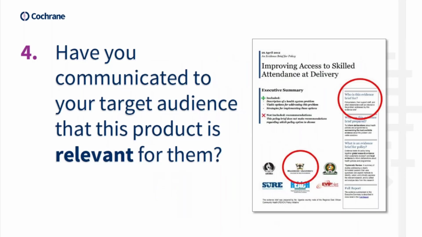Item 4, have you communicated to your target audience that this product is relevant for them? This is very much based on our own and other people's experiences of looking at research information and not identifying it as something that's relevant for them. We suggest a few different approaches to solving this problem in the checklist about how you might indicate to your target audience that this is written for them.